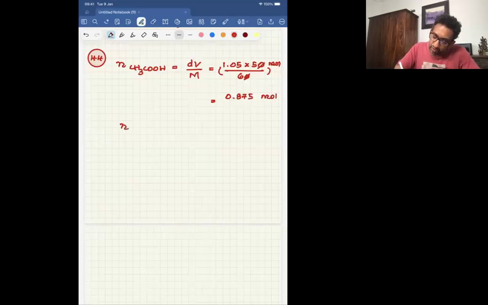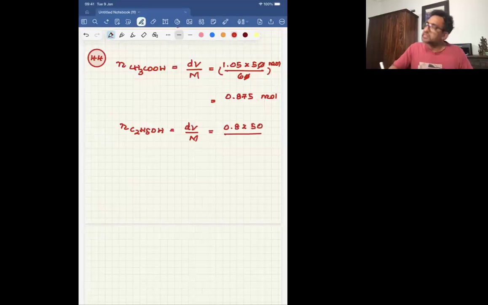So the number of moles of ethanol, you can do it in the same way. Density is 0.8. Volume 50. Ethanol molecular mass is 46, that is 24 plus 6 plus 16, 46.